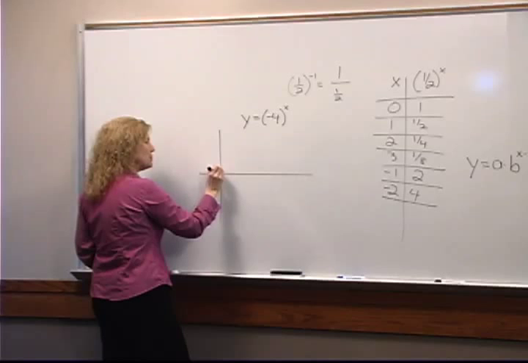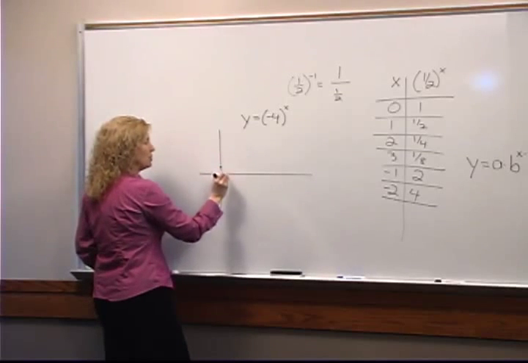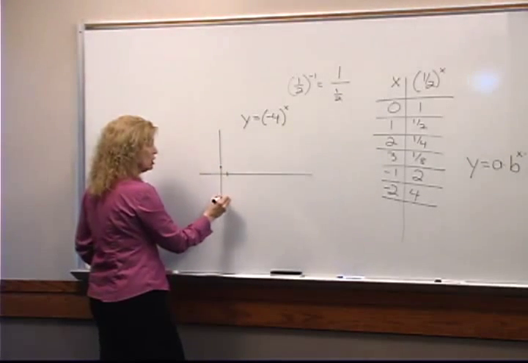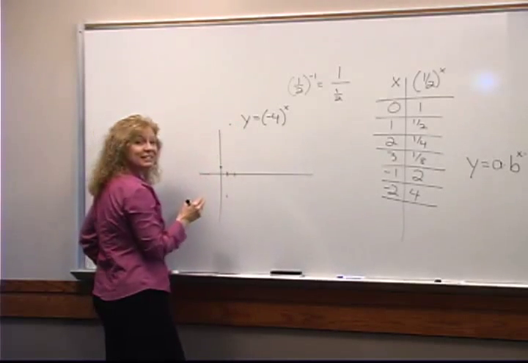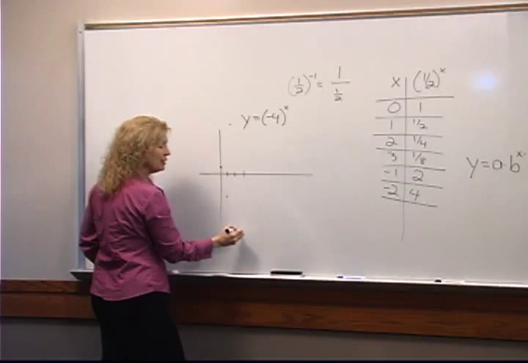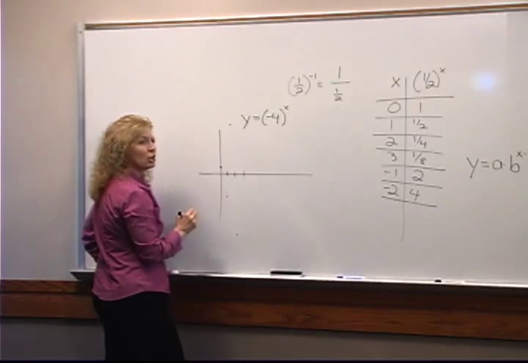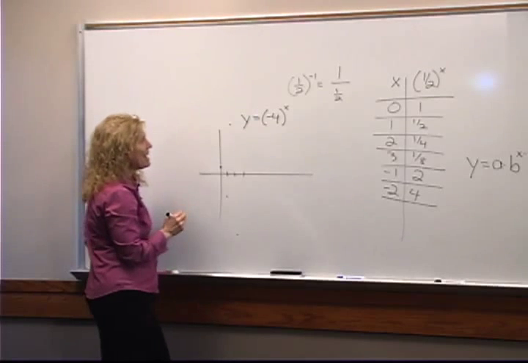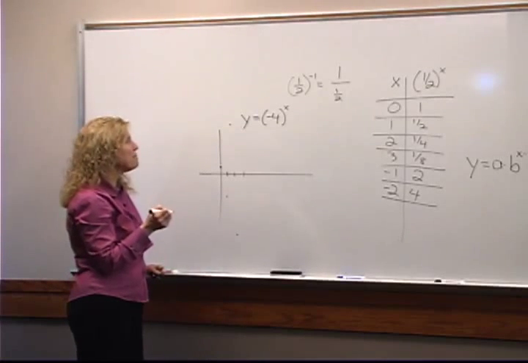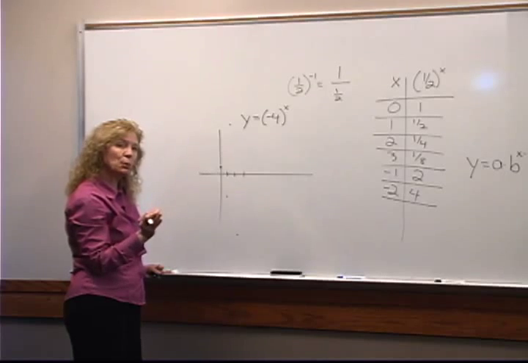Well, when x is 0, I get 1. When x is 1, I get -4. When x is 2, I get +8, not 8, 16, sorry. And then I get negative. Well, that's kind of crazy.